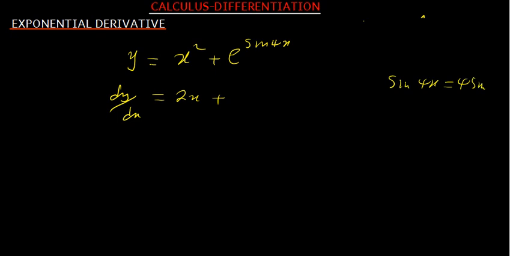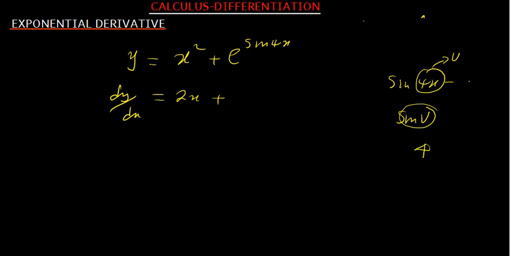Okay, let me write it like this. So this is sin 4x. Let's say where there is 4x we put u. So let 4x be represented by u. Then we are going to have sin u. So we differentiate this, and then we differentiate u itself. If we differentiate u, 4x, we get 4.